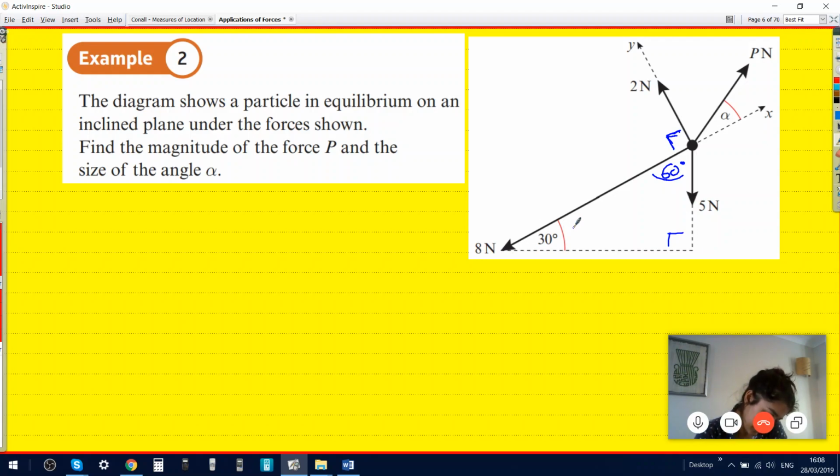Okay, so all the parallel ones, we have P. Usually what you do is resolve in the x direction and then resolve in the y direction. So resolve in the x direction, what do you get?